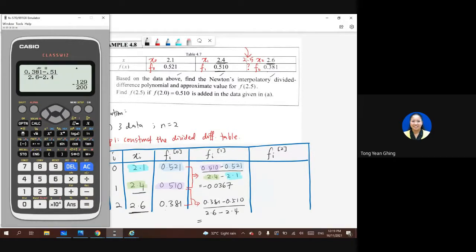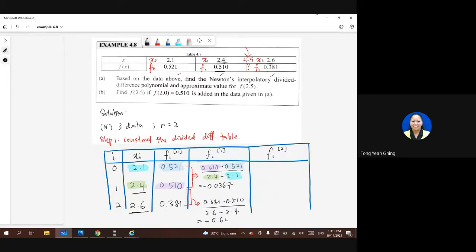So become negative 0.645. Negative 0.645. So dah habis lah. So kalau 3 data points, okay, dah. So untuk first degree, dah, done.